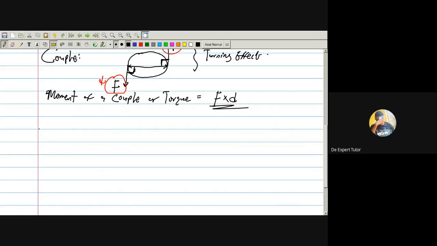If you have a question like this, let me say this force going here is 8 Newton. And then you have a point here. Let me say point O. And the distance between these two points is, let me say, 5 meters, for example.